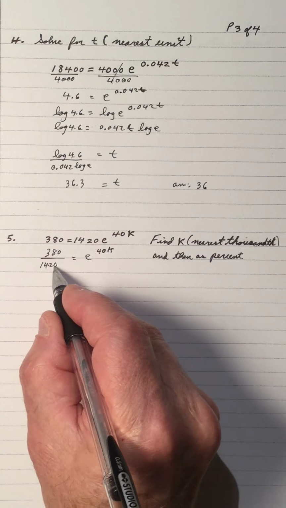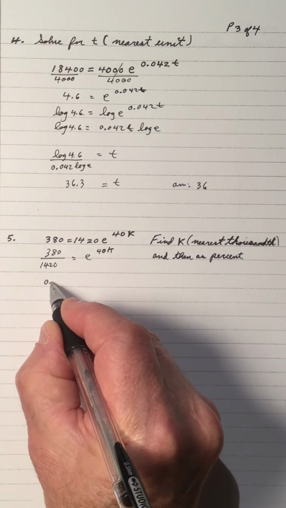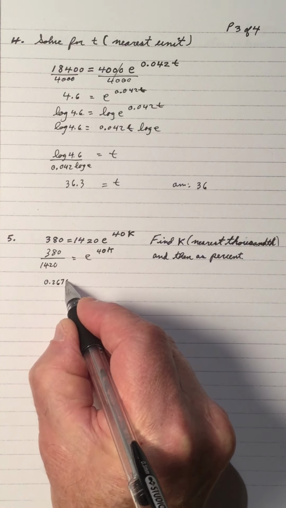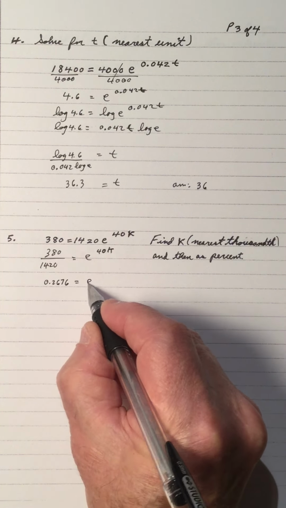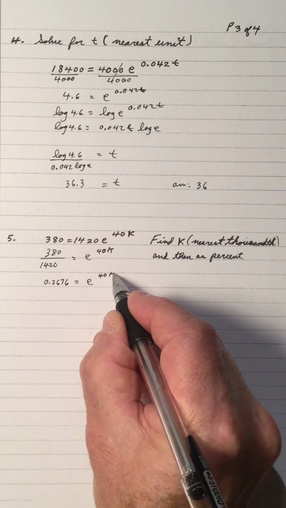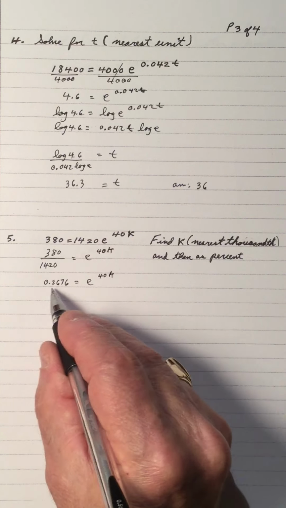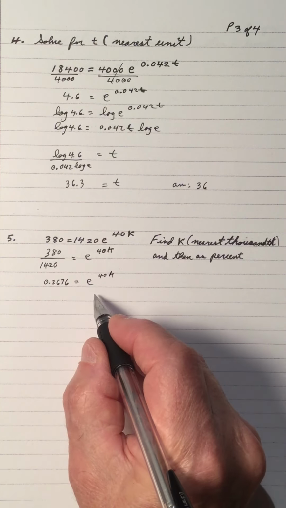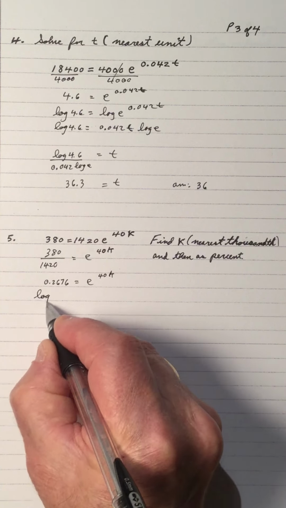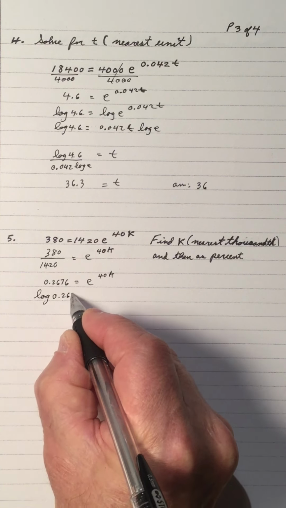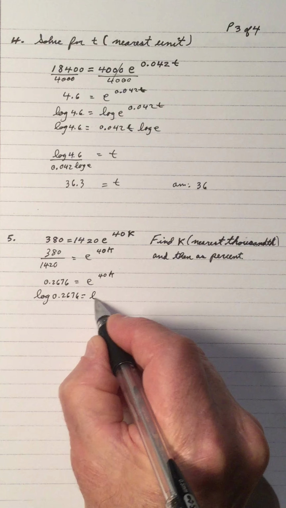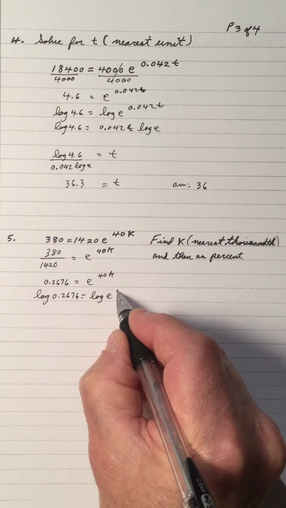So if we take 380 and divide it by 1420, we get 0.2676 to the nearest thousand. You can pause the video and check that in the calculator and make sure that's correct. And again, we do the log of each side. Same pattern over and over.